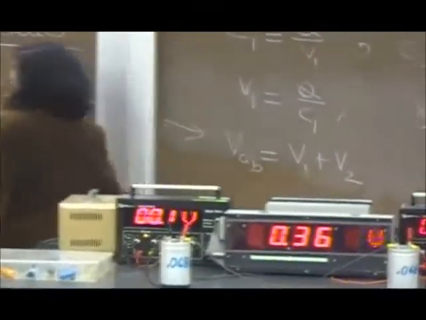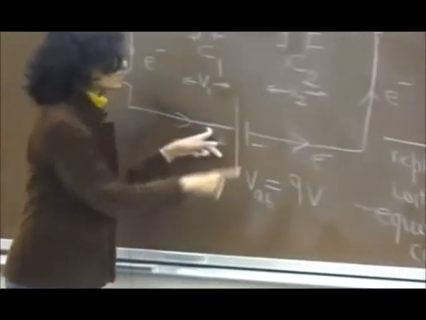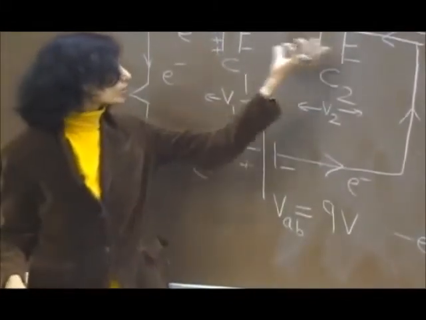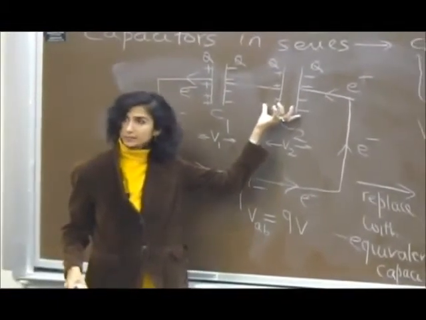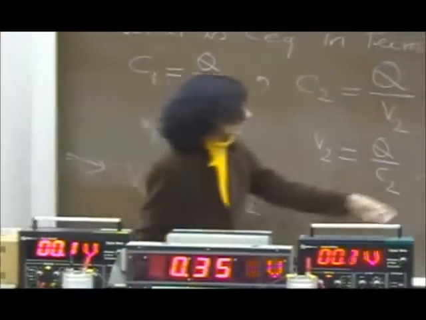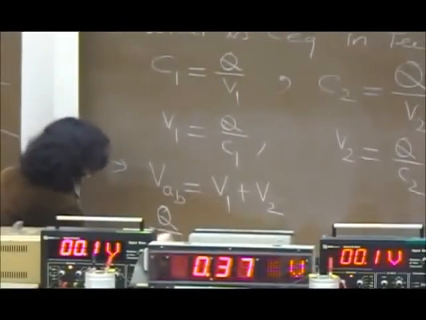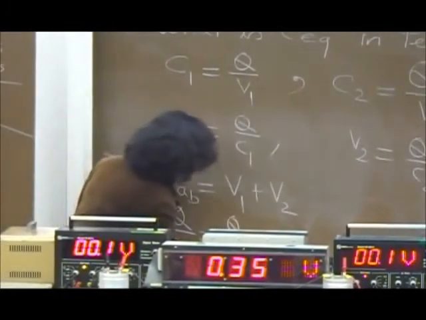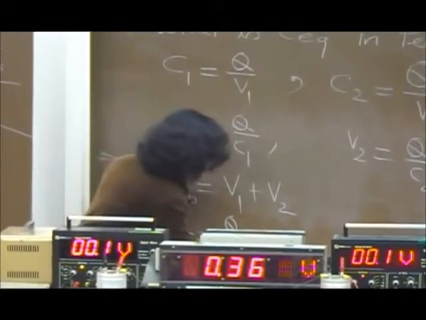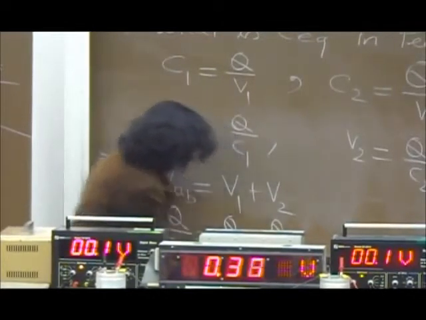In other words, the total voltage across the battery should add up to the voltage across this capacitor plus the voltage across this capacitor. And that means, let's plug things in, Q over C equivalent, which is VAB, should be equal to Q over C1, which is V1, plus Q over C2, which is V2.